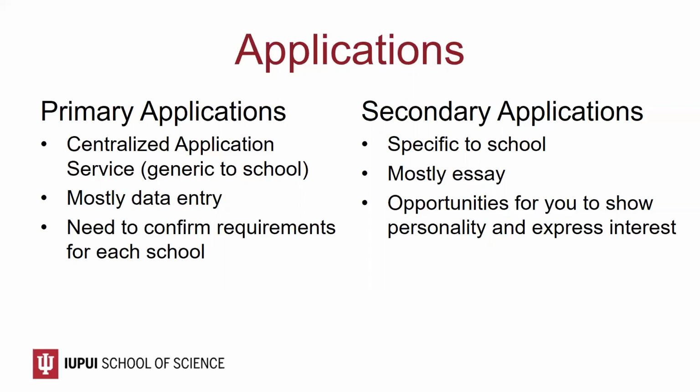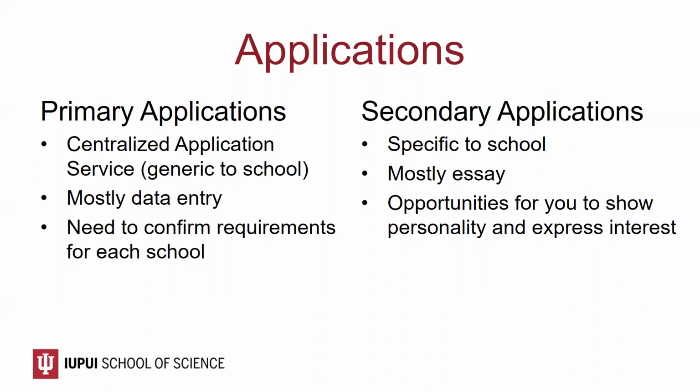Things such as prerequisite courses, DAT scores, GPA calculations, observation hours, and other components that the admissions committees find valuable. In its essence, the primary application is generic to the school. There is no component of your primary application that is school specific or where you will mention a particular school.